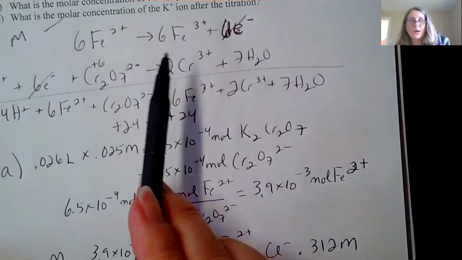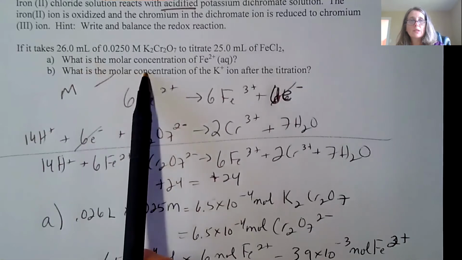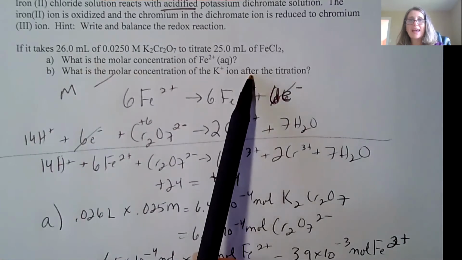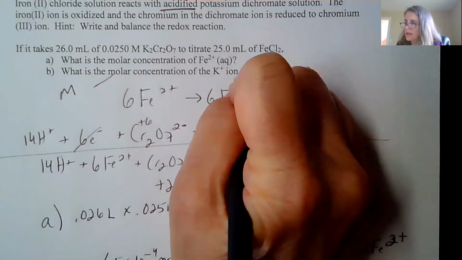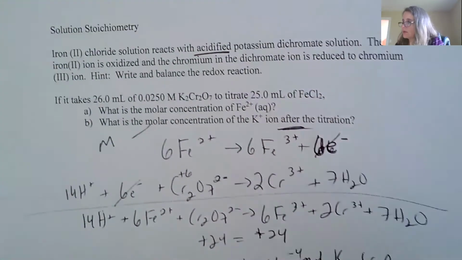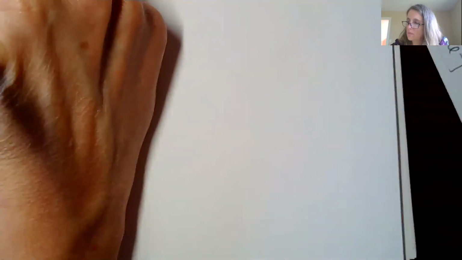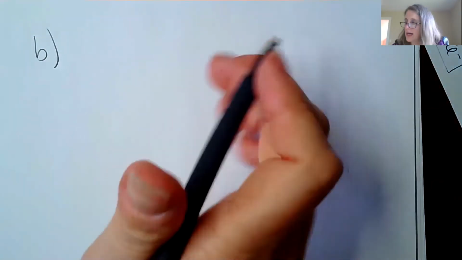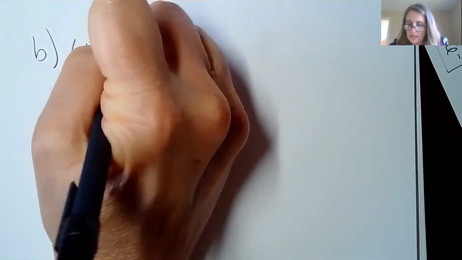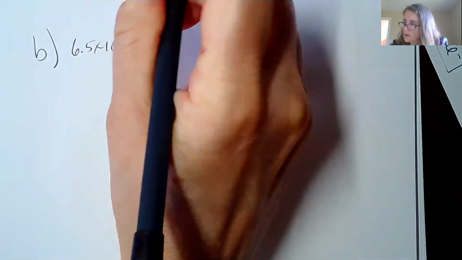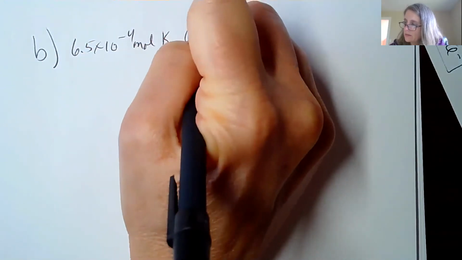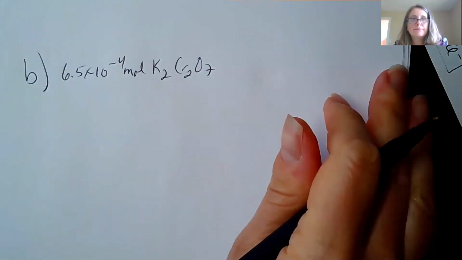So the second part, part B here, what is the molar concentration of potassium ion after the titration? And the key word there is after the titration, right? So for part B, I'm going to take the 6.5 times 10 to the negative fourth moles of the potassium dichromate. I calculated that already.